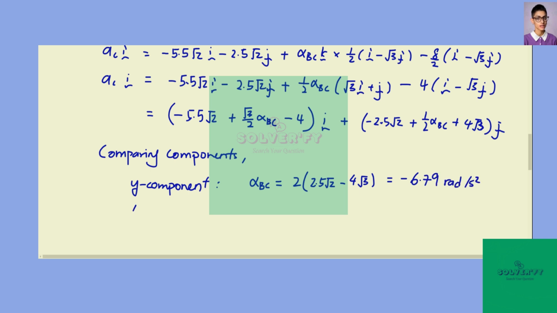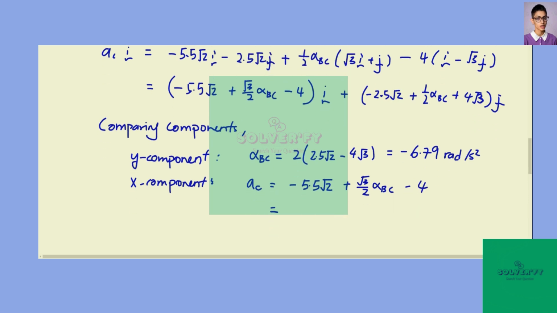Then for the x components, we have AC is equal to minus 5.5 root 2 plus root 3 over 2 alpha BC minus 4.